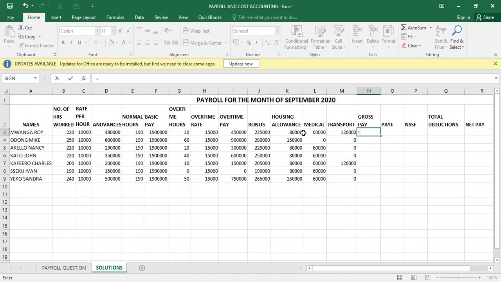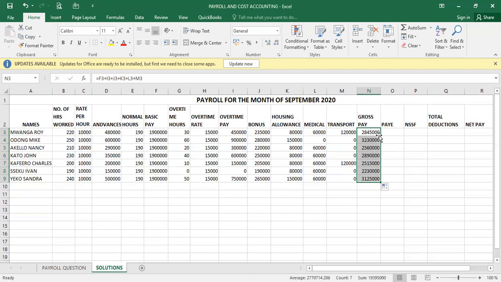So it will be the basic pay plus the overtime pay plus the bonus plus the allowance plus the medical plus the transport allowance. You press enter and you'll be getting 2 million, and double click there so that you can fill everything.